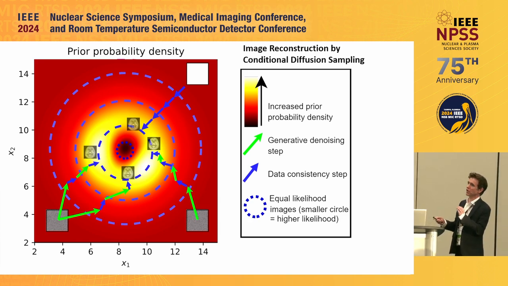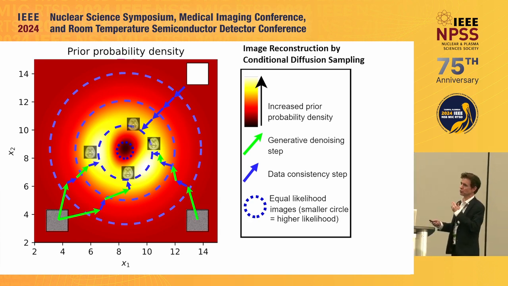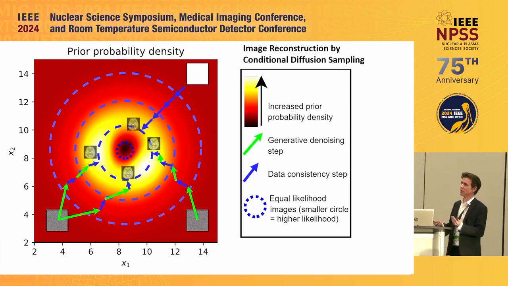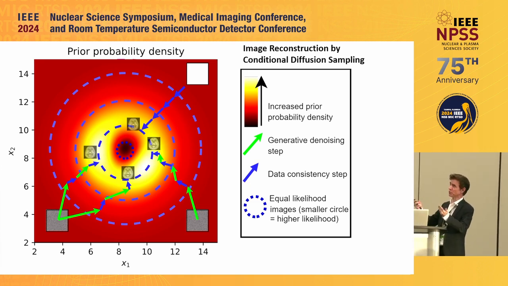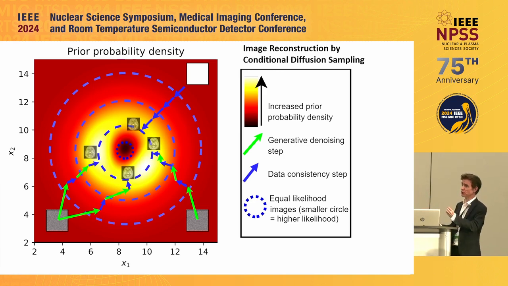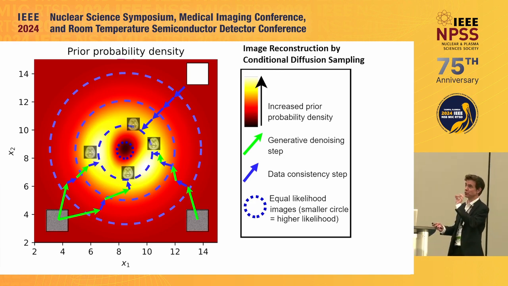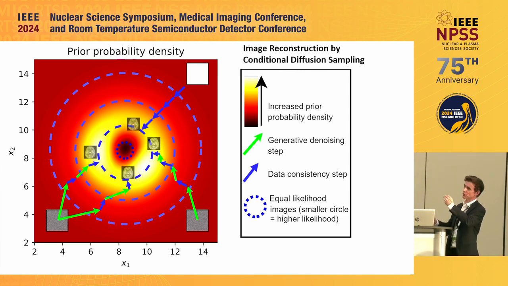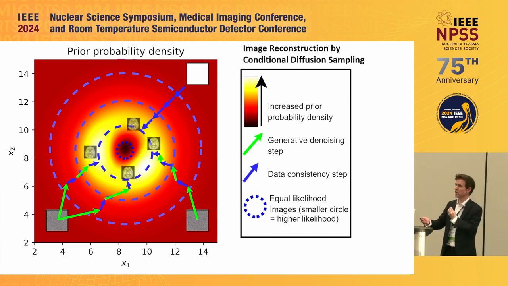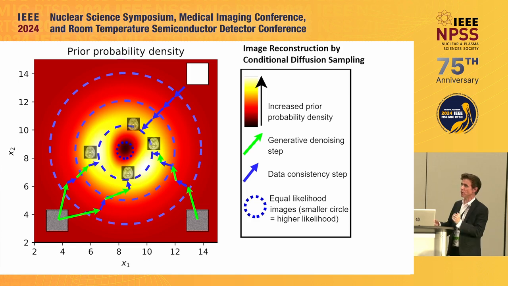So what we've done then, the work that George Weber has done based on the work of Imraj Singh, is to combine those two together for the context of PET image reconstructions. This would be image reconstruction by conditional diffusion sampling, because now we're doing the generative process, but interrupting it. So those green arrows are the generative steps of the diffusion model, but we're then interrupting it with data consistency, if you like, gradient ascent based on the Poisson log likelihood, shown by those blue arrows.